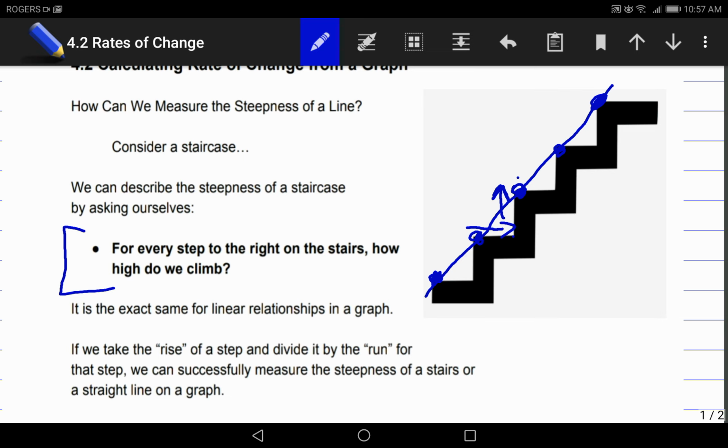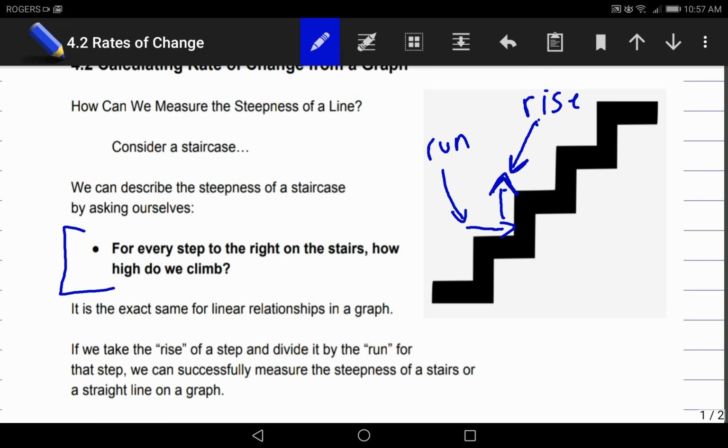So we'd be able to do that just like we do with the staircase, with a linear relationship. The terminology that we use is, that's called our run. And when we go up like this, that is called our rise.